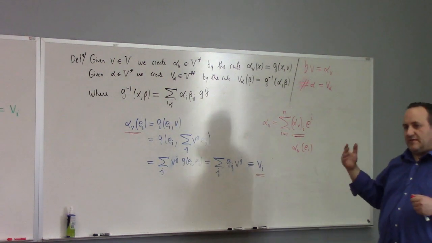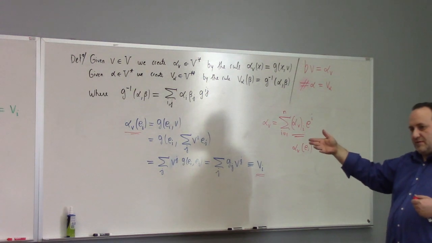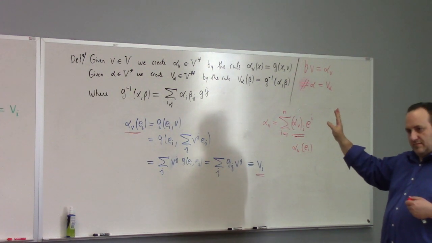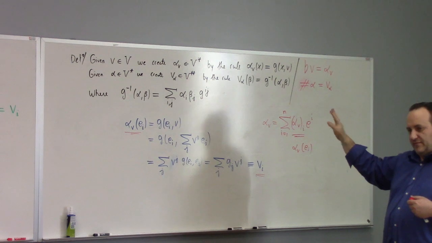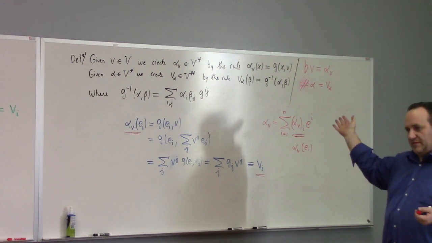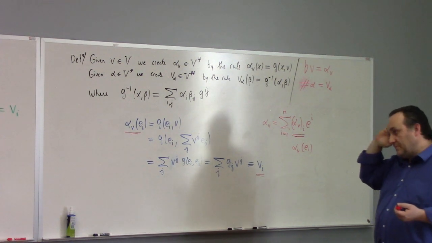So what I'm trying to tell you is that the raising and lowering index rules can be seen as naturally attached to these isomorphisms, the flat and the sharp isomorphism.